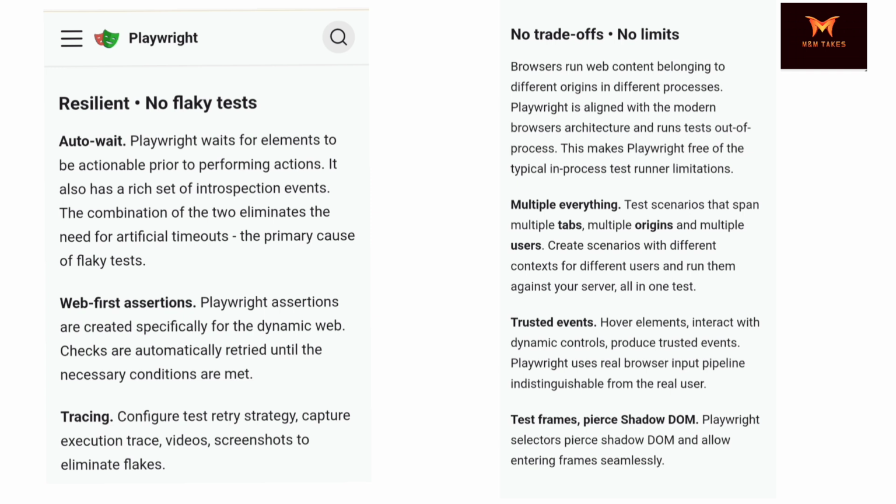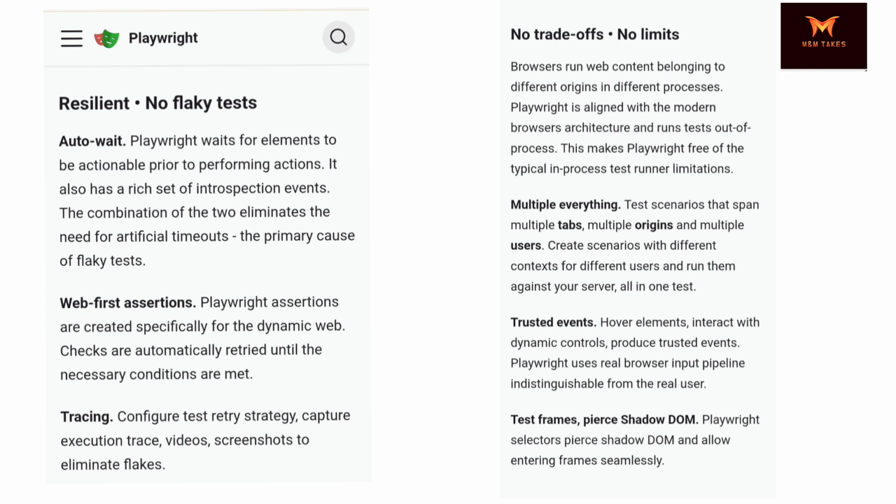Instead, it uses the browser's real input pipeline, meaning the events go through the same process as if an actual user was doing them. This is very important because some web elements respond only to trusted events. For example, certain hover effects, drag and drop, or security-sensitive controls might ignore fake or programmatic events triggered by scripts.